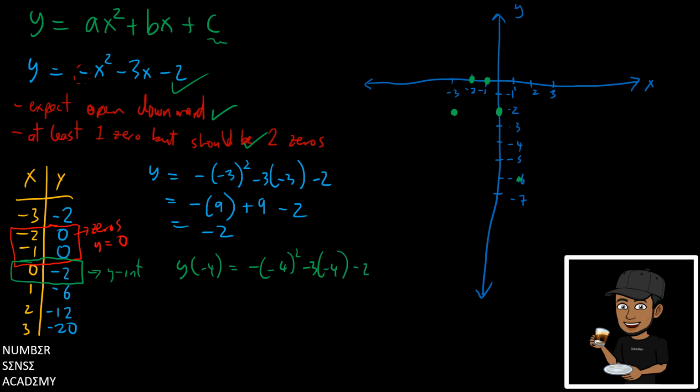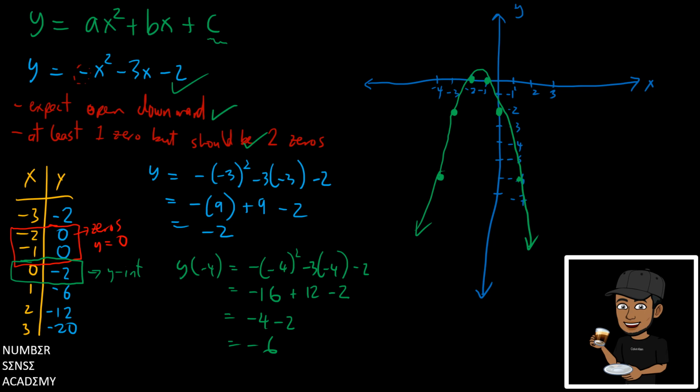Let's see, -4 squared is 16, so -16 plus 12 minus 2. So this is -4 minus 2, which is -6. I just did that so I could get my graph to work. So the -6 is over here at -4. When I put that together, I end up with something that looks like this.